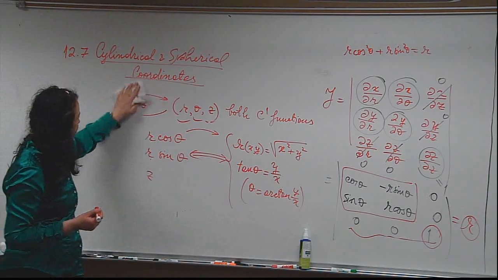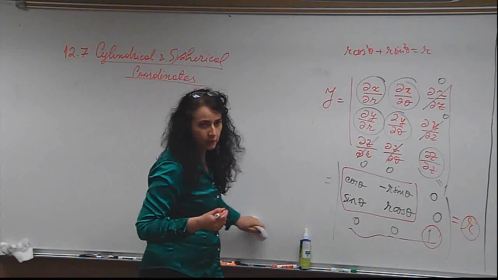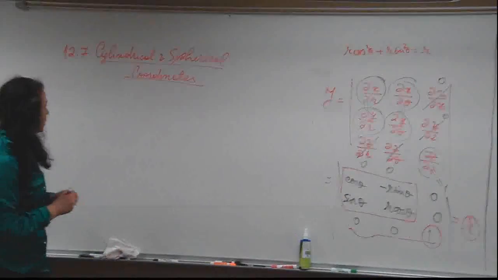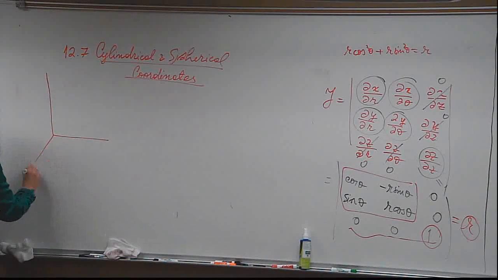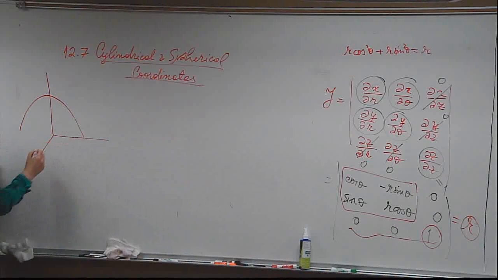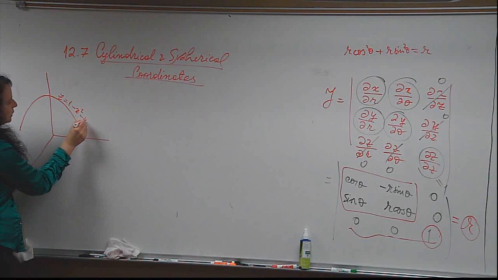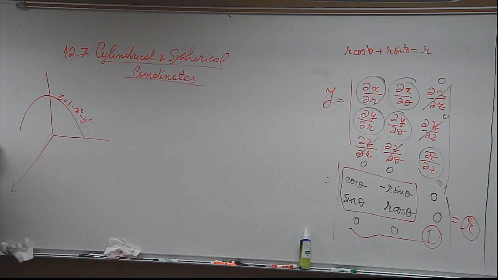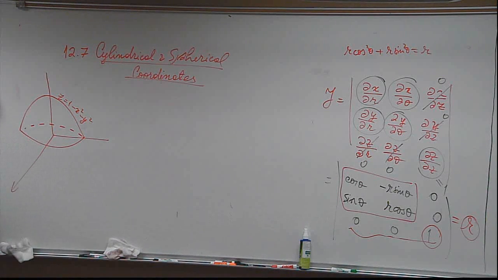Let me give you an example. We take that eggshell from last time. We put it upside down. Only one eggshell, okay? We start with an easy problem. And this is z equals 1 minus x squared minus y squared. It's half of the egg that we built from plastic last time.